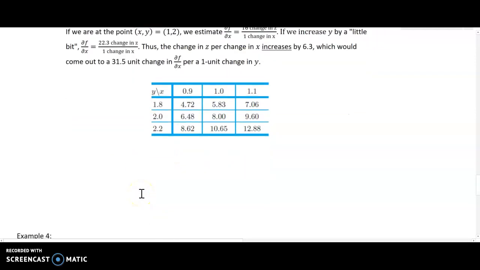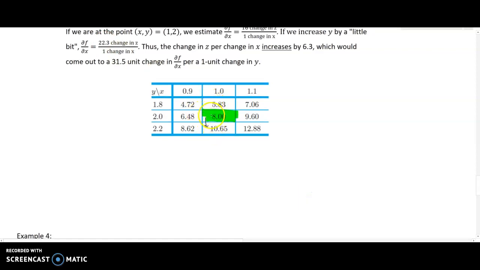We should get exactly the same answer if we look at the change in z per change in y. So here we are again at the point (1, 2). The df/dy at that point asks what happens to the z value if you increase y.